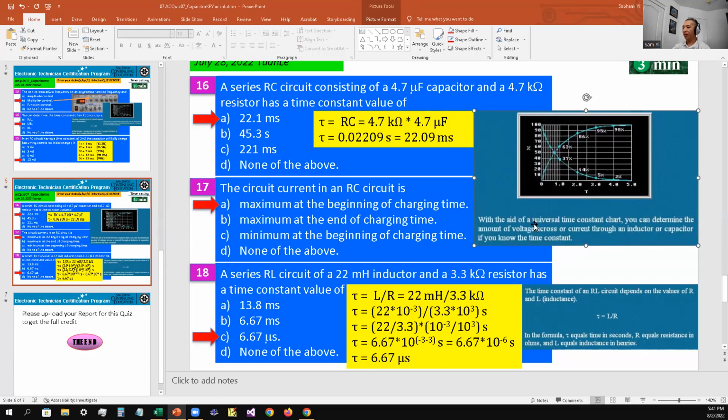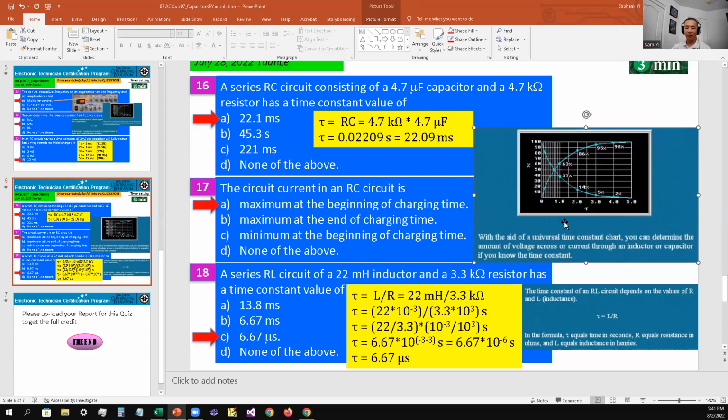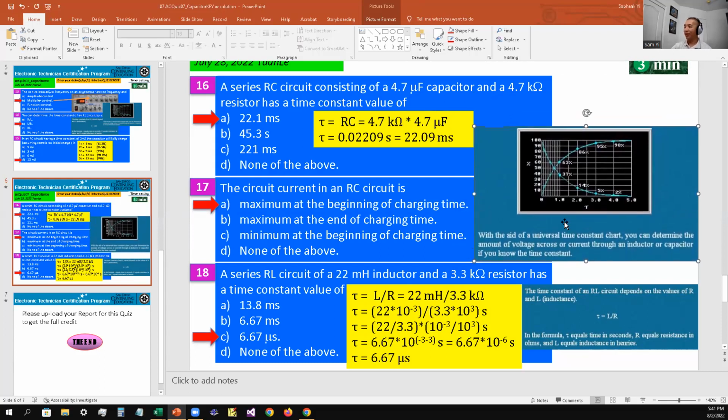Okay, hopefully I made it clear for you guys, and this gives you a better understanding of the time constant in the RC circuit as well as the RL circuit. Any other questions before we proceed? Okay, no questions. All right, back to you, Mr. Pham. Thank you. Okay, thank you, Sam. You're welcome.